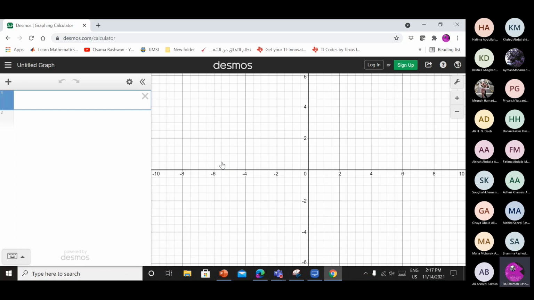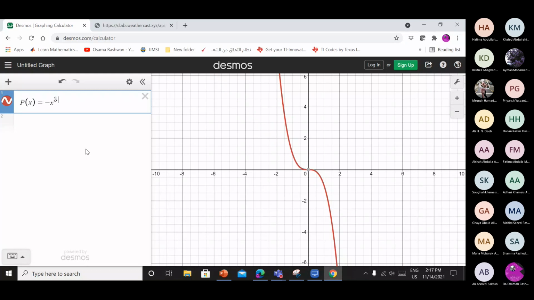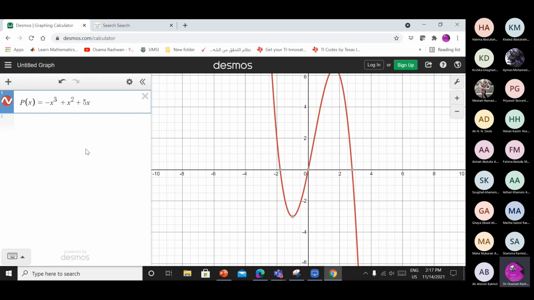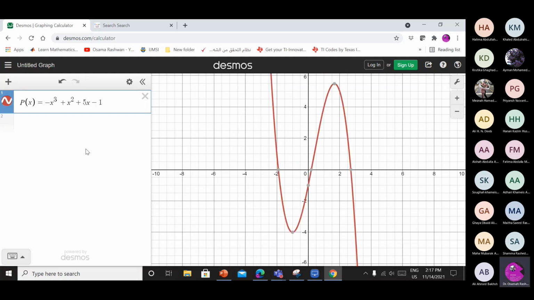The profit is P of x equal to minus x cubed plus x squared plus 5x minus 1, right?